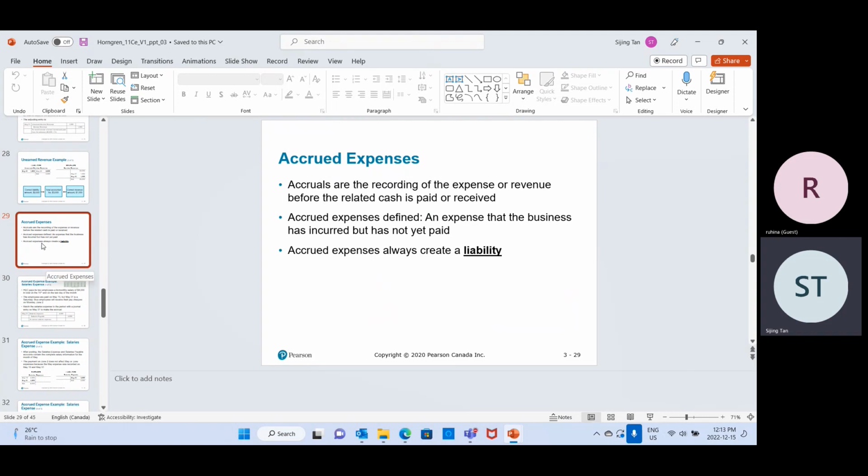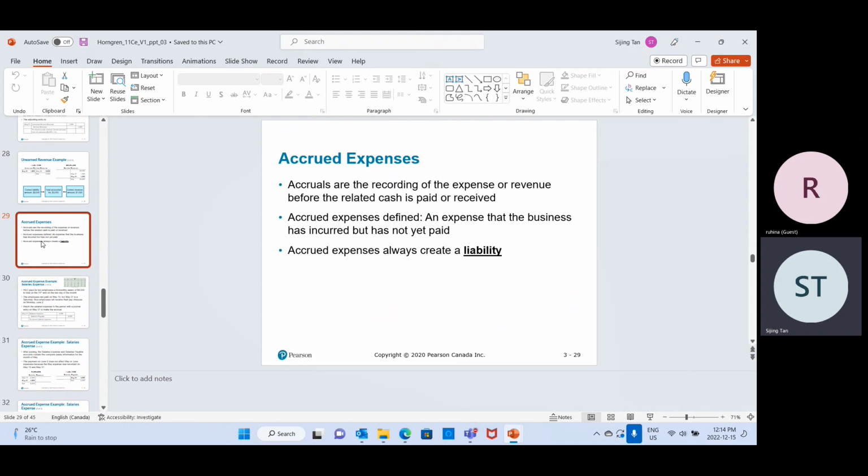Then the fourth will be the accrued expenses. Accrued expenses, you often see this because it's closely related to salary. For example, if you get paid bi-weekly or bi-monthly, right? So every time you're paid on the 15th and 30th. Unfortunately, the 30th is Saturday, so we're not gonna get paid till January the 1st.